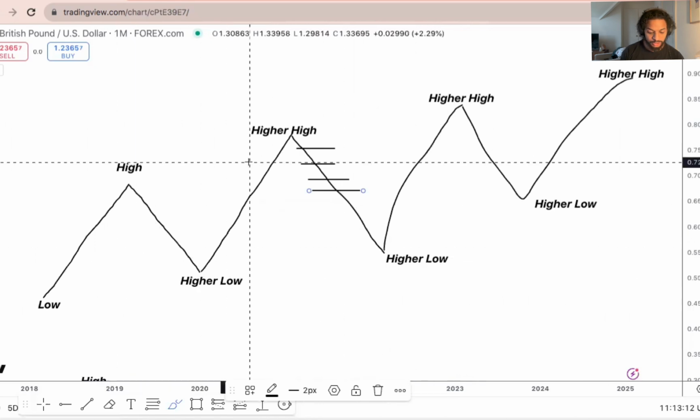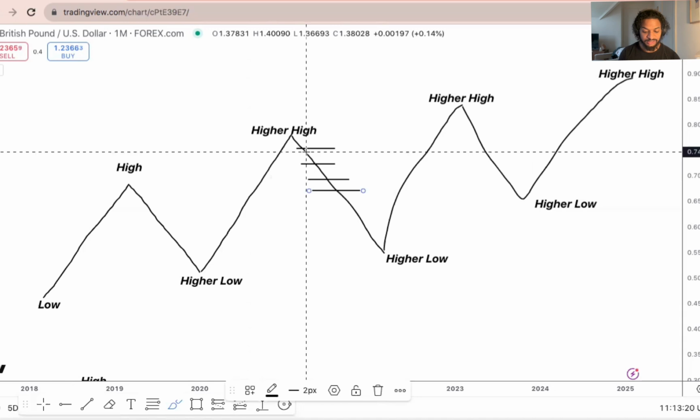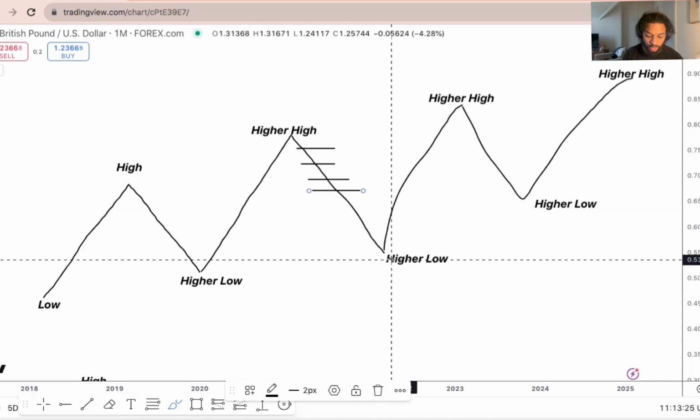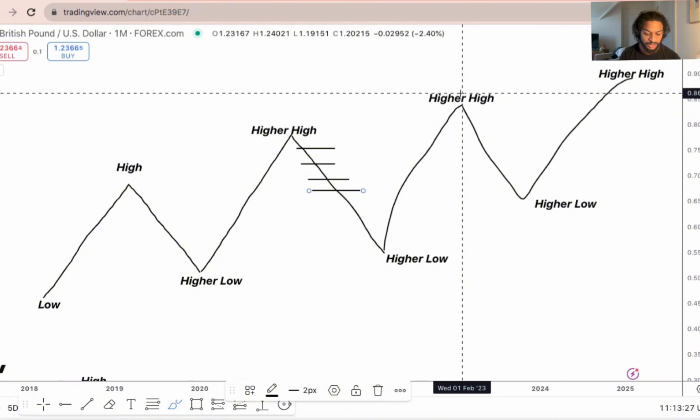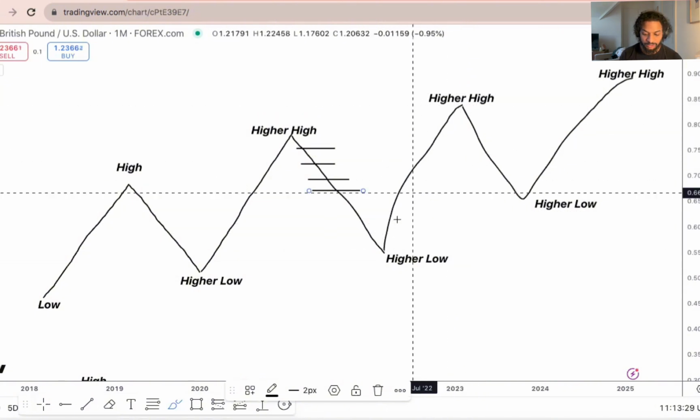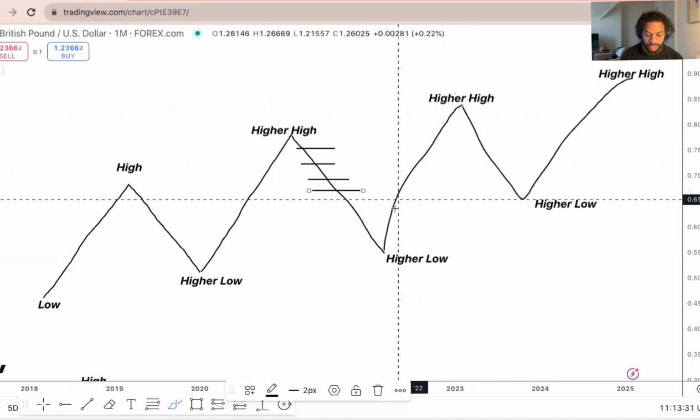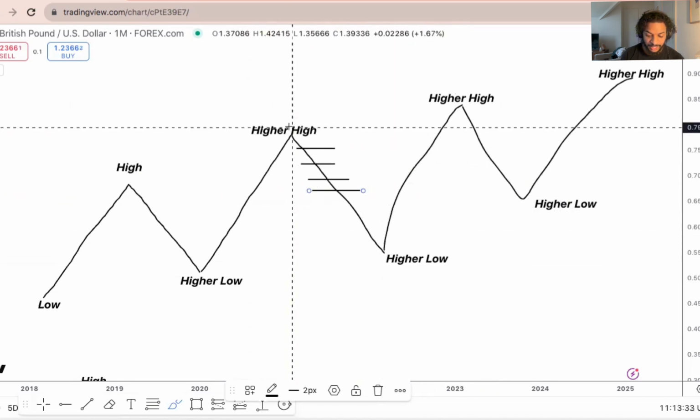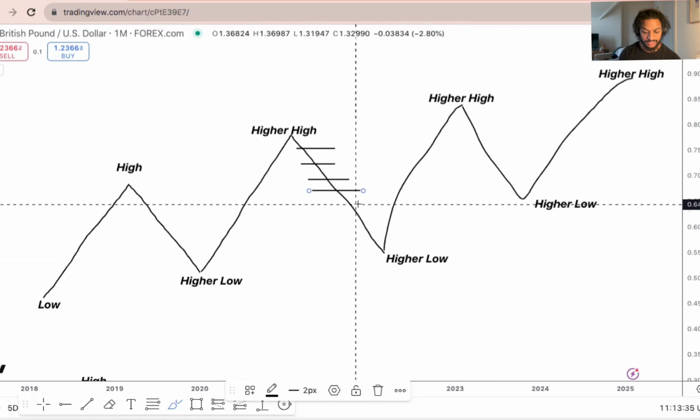The structure points and the market structure confirm this, and when we get into the charts, I'm going to show you how to confirm it. But you have to be ready and willing to understand the market will pull back in order to form a higher low and then continue the trend higher. So this is the trending part of the bullish cycle, and this is the retracement part of the bullish cycle.